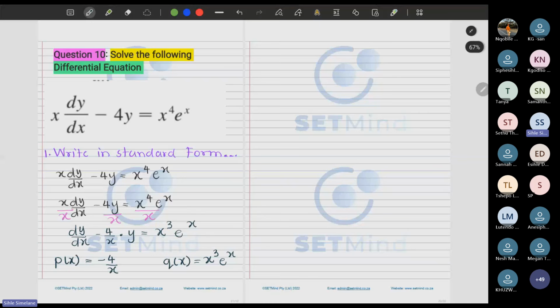So now we need to go and find our mu, our integration factor. So this is always given by e to the integral of p of x dx. So for our problem, we have e to the integral of negative 4 over x dx. Our mu will be equal to e to the... When I integrate that exponent, guys, what do I get?